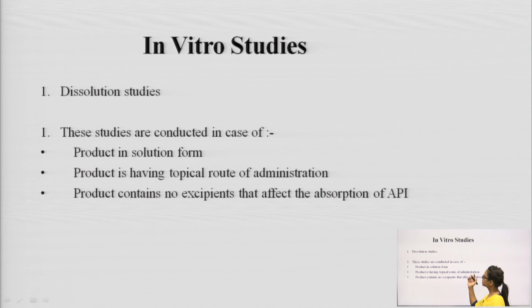The study is conducted in case the product is in solution form or has a topical route of administration, or the product contains no excipients that affect the absorption of API. It means the product has no excipients which can affect the absorption of the active pharmaceutical ingredient.